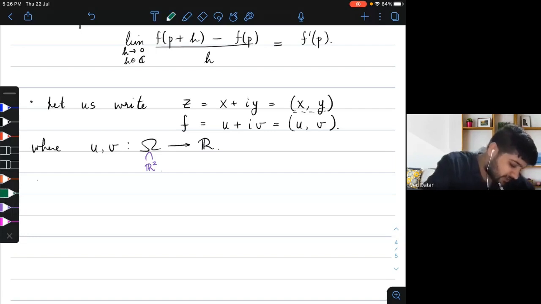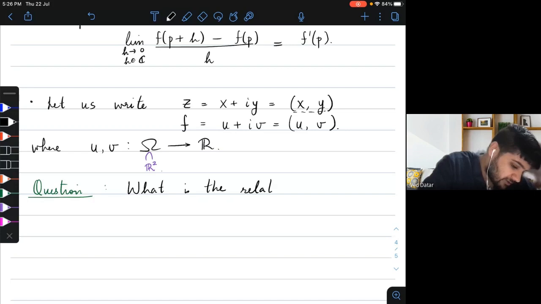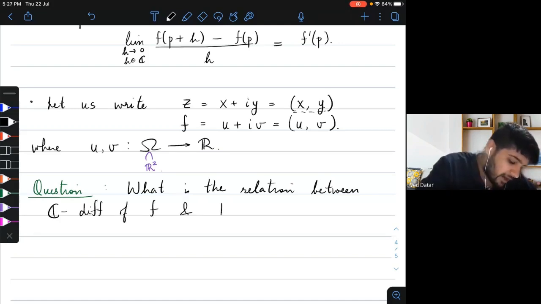So here's a question that I wish to answer. What is the relation between C differentiability of f and R differentiability of f?